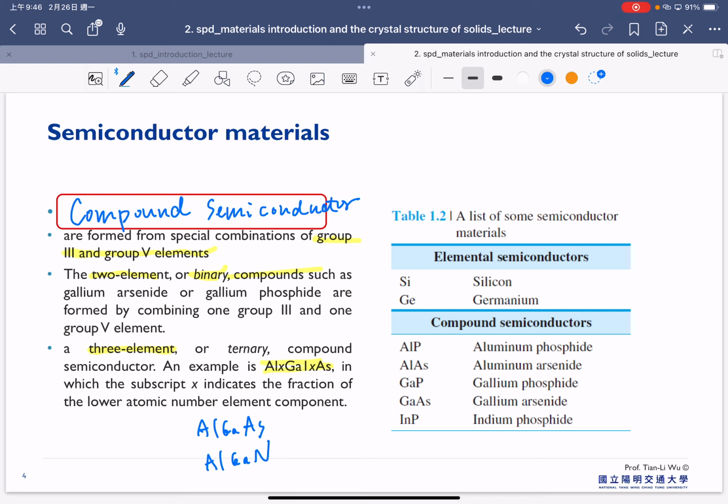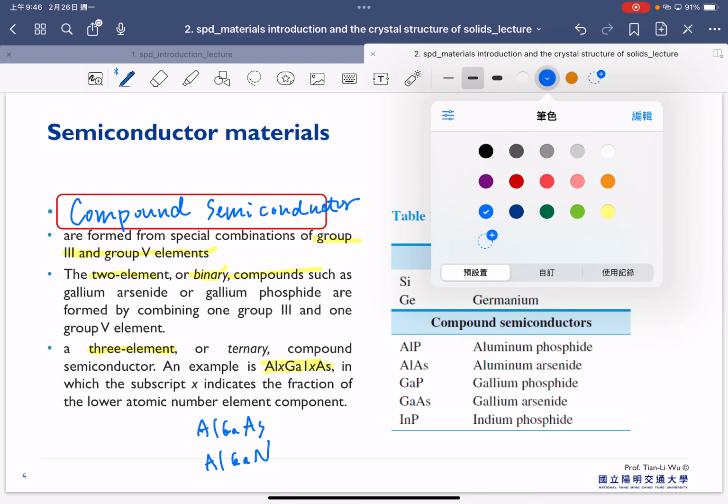And usually the x here, as I mentioned, indicates the fraction of the element with the lower atomic number. So in reality, we do not simply call this aluminum gallium arsenide. It sometimes has a percentage.